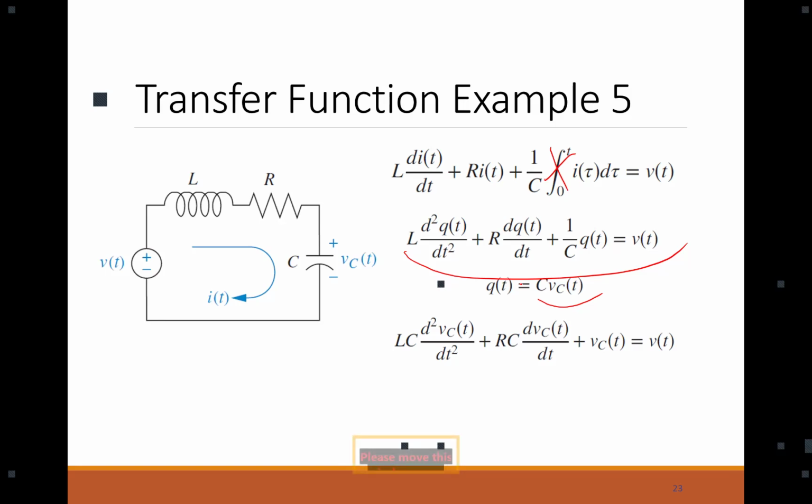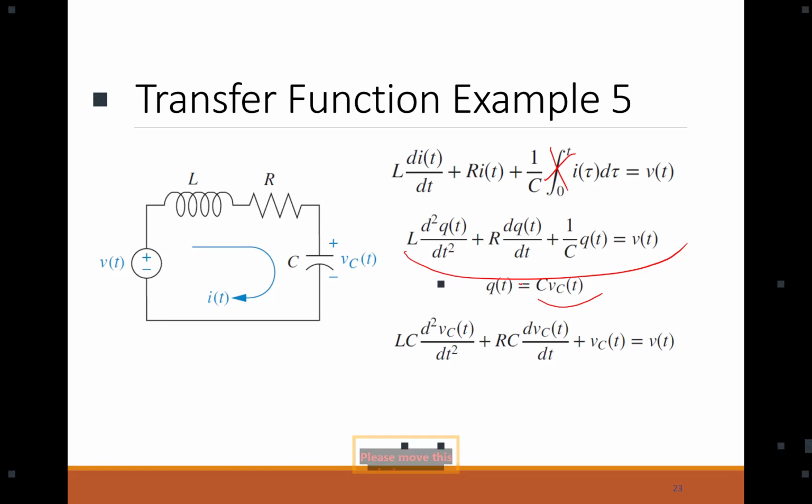But by taking the derivative, the derivative of I is Q of t. What is I? I is the average of moving charges. Is that correct? Yeah.